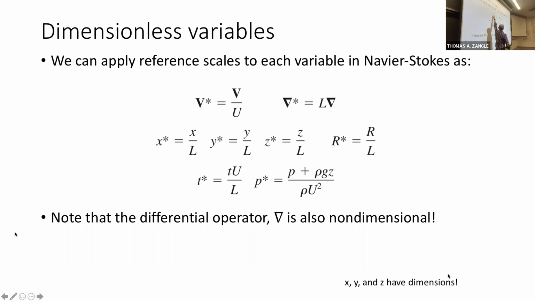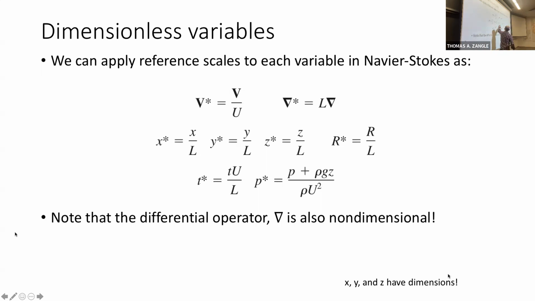For example, the velocity, in this case vector velocity v, would be scaled as vector v over U, whatever velocity scale we choose for the problem. That means that each component of velocity, the x, y, and z component, is being scaled by that same reference velocity.